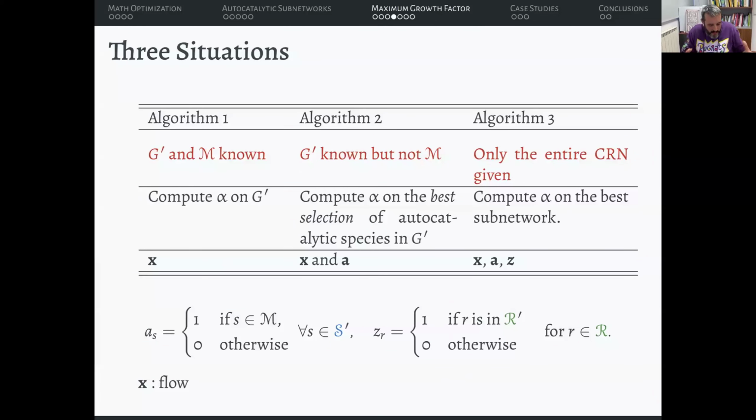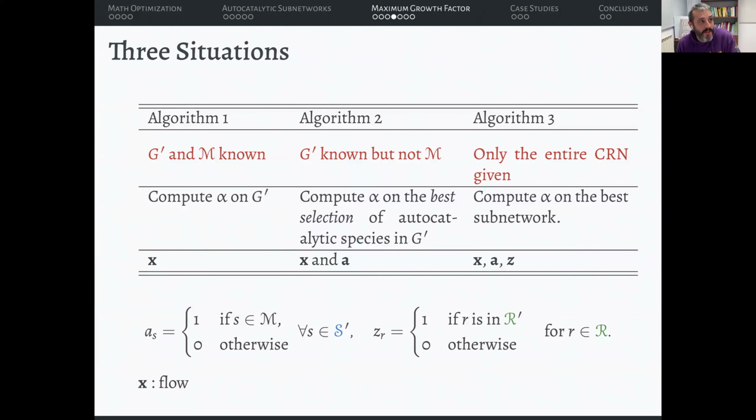Then we analyzed 3 different situations. We first provide an approach, based on generalized fractional programming, for computing the maximum growth factor when we are given the subnetwork. The second situation is what if the subnetwork is given, but the set M that represents the autocatalytic species is not known.